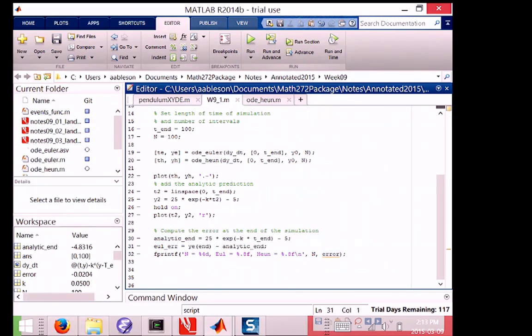So again, depending on what variables you define for these things, you can do it different ways. Heun error, sorry, is the Heun's method endpoint minus the analytic. And then we just fill in the print statement to match. Euler error and Heun error. I think that should do it.